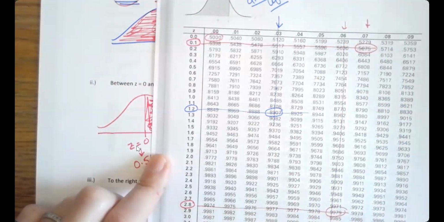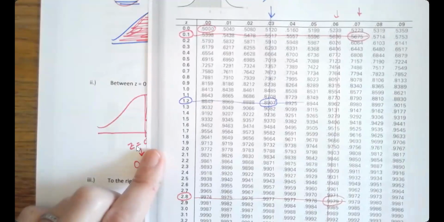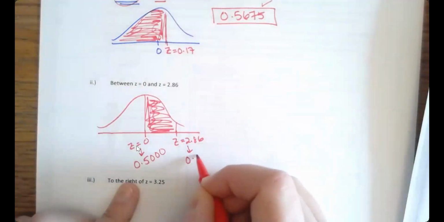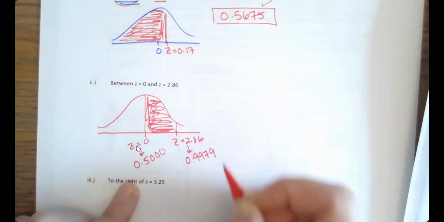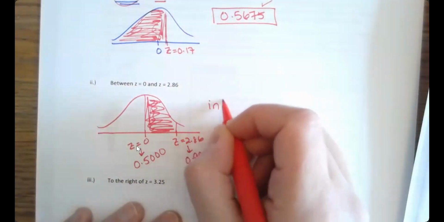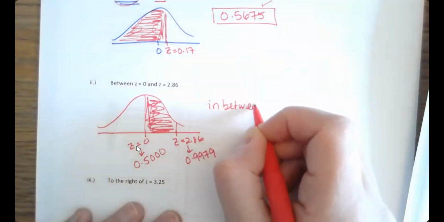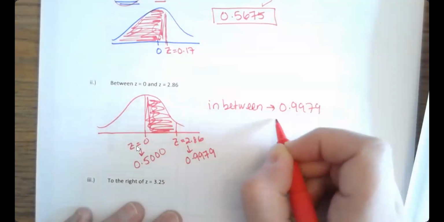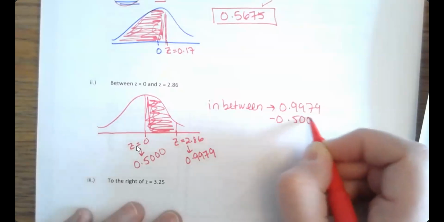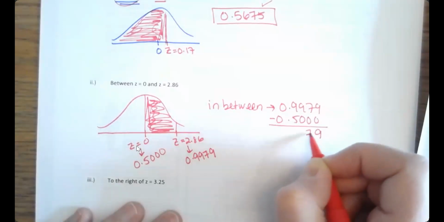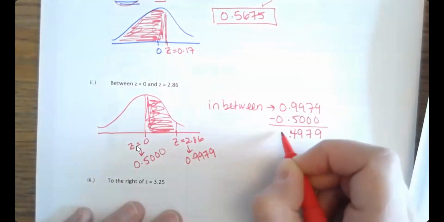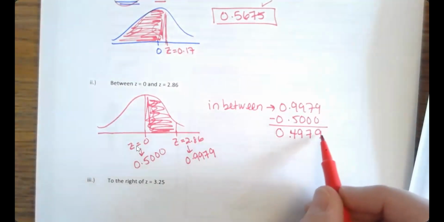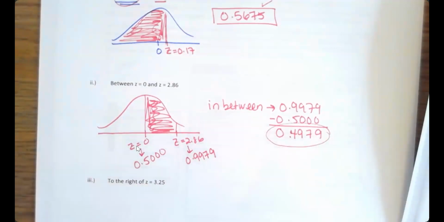And I have something pretty high, 0.9979. And then when you're going in between, you're going to subtract. So we're going to take that 0.9979, subtract 0.5000, and we get about 0.4979 as my final answer there.